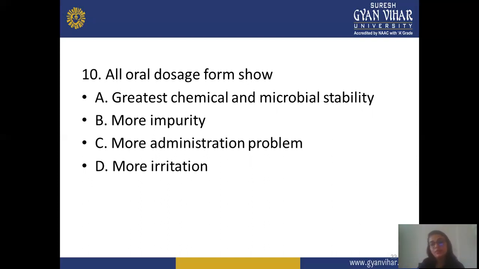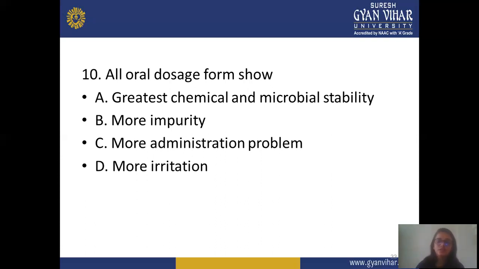Oral dosage forms here can include both solid and liquid dosage forms taken by the oral route. C option is more administration problem, and D is more irritation, meaning when you take the drug by the oral route, it shows more irritation.